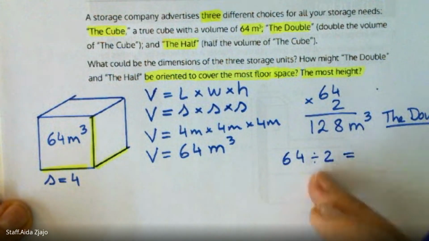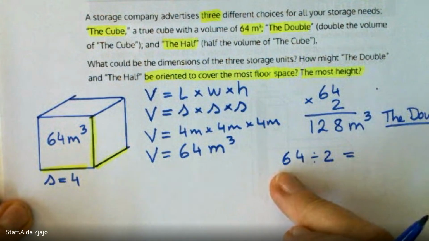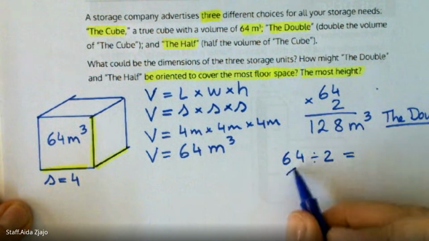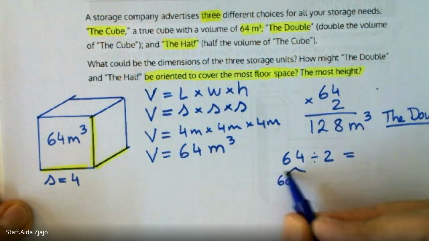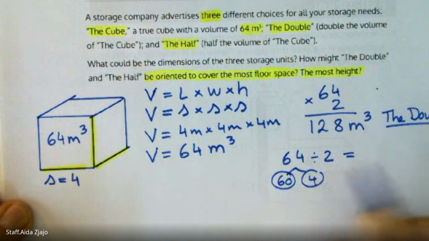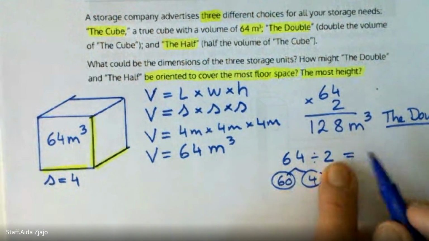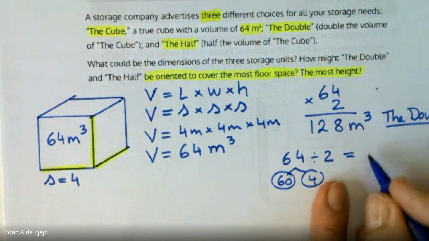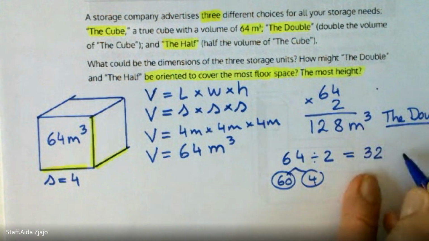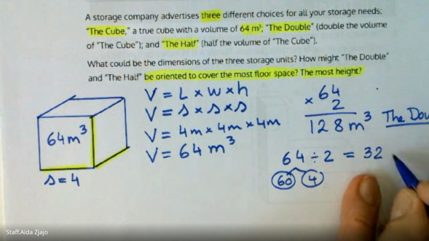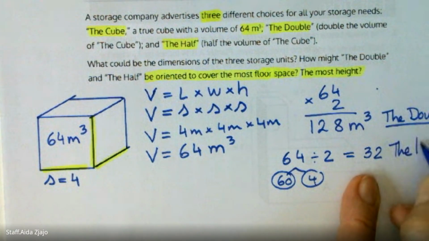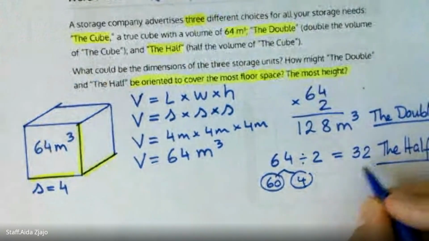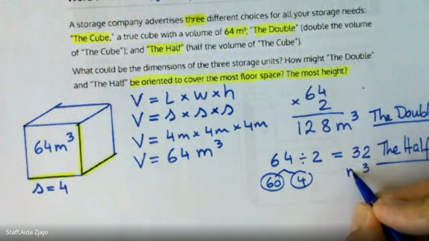We can think about half of 60 is 30, and half of 4 is 2, so we separate the 60 and the 4, and together that is 32, and that will be the half. So now also cubic meters.